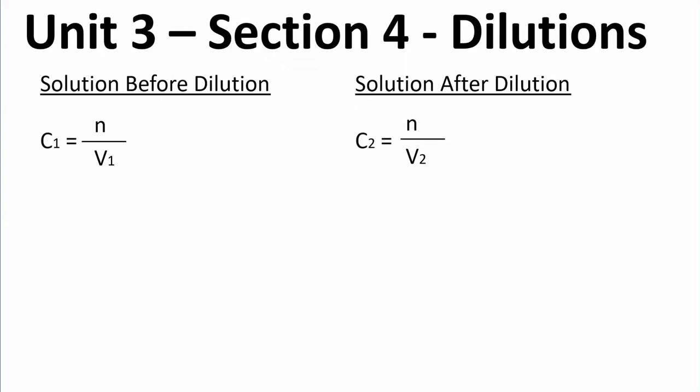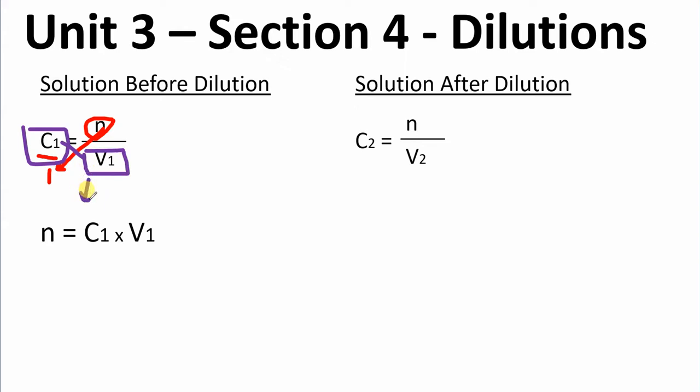The n's are going to stay the same. That allows us to rearrange our formulas. I'm putting this over 1, and we're going to cross multiply. n times 1 is, of course, n, and then we cross multiply to get C1 times V1.